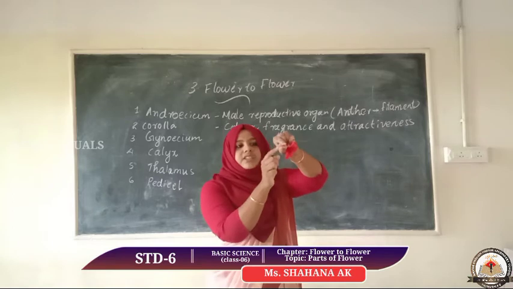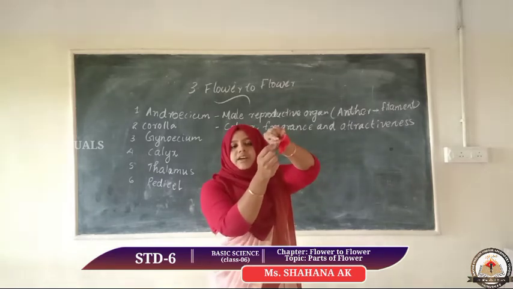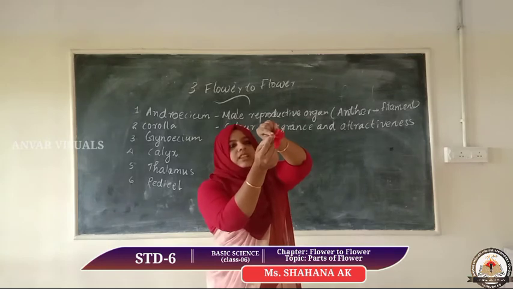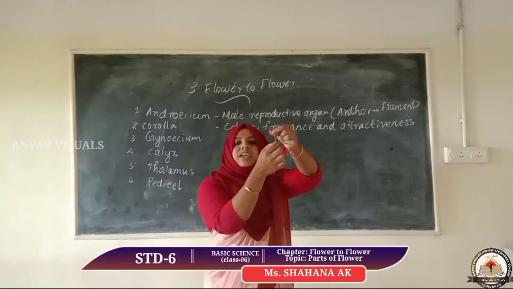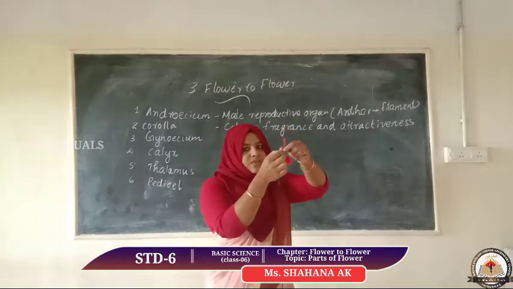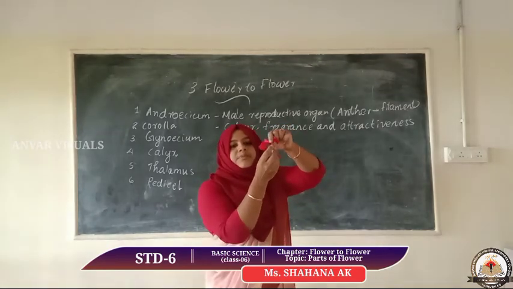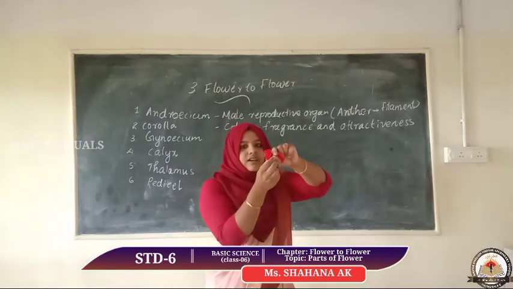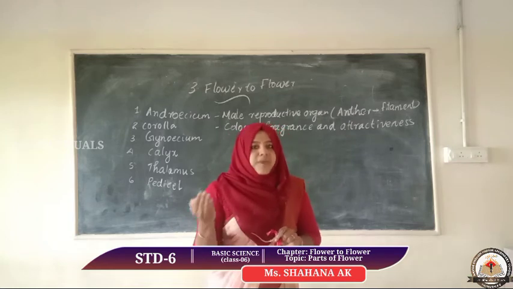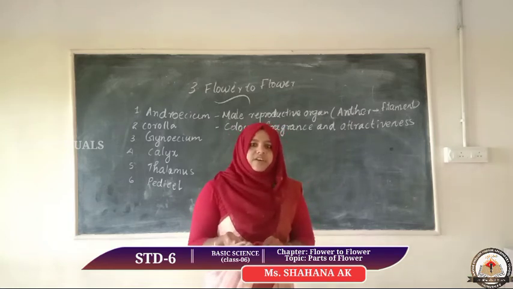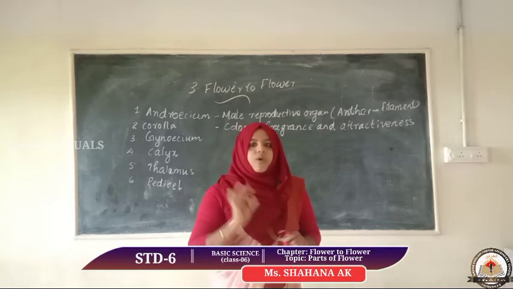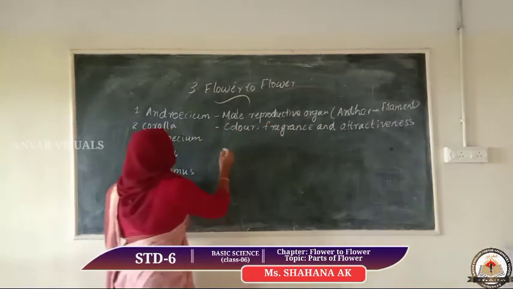This particular part is called stigma. In hibiscus, here is the stigma of a flower. This tube is the style of the hibiscus flower, and here is the ovary of hibiscus. Is it clear? Gynoecium is the female reproductive organ in a flower and it consists of stigma, style and ovary. Let me write this here.